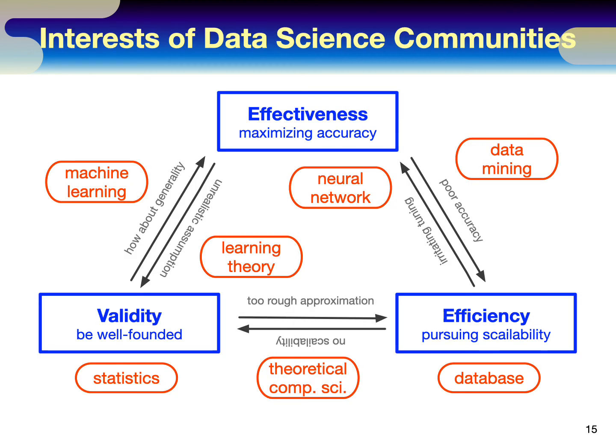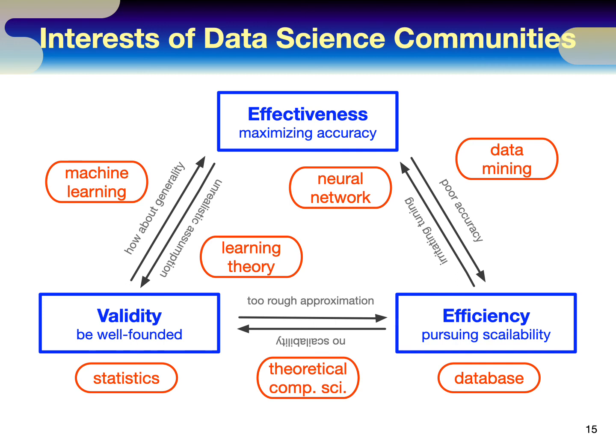In my opinion, there are three criteria in data science. The effectiveness is how accurate the prediction is. The efficiency is the scalability. The validity concerns how reliable the prediction is.